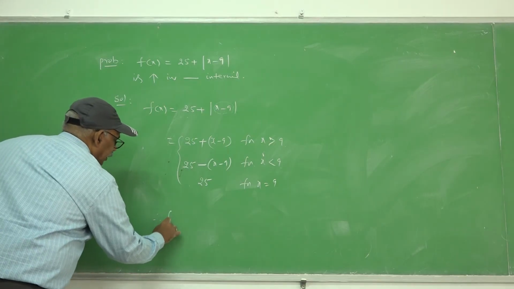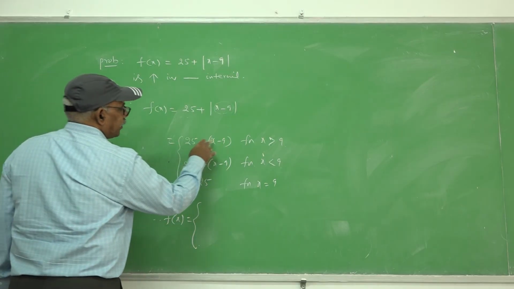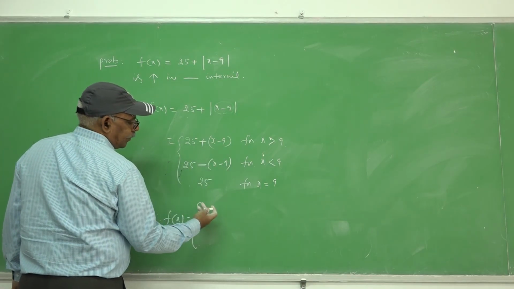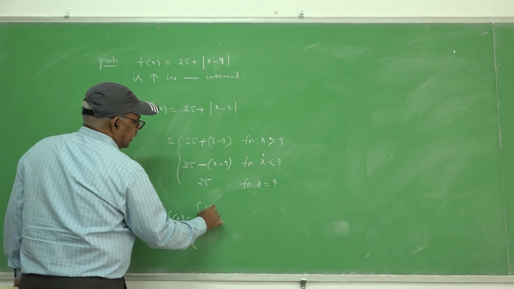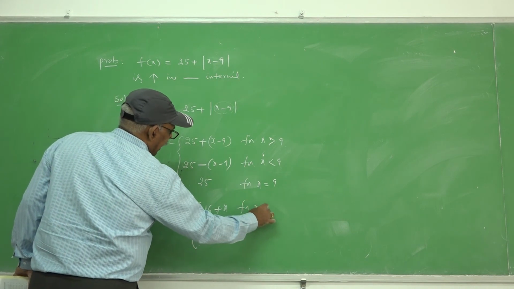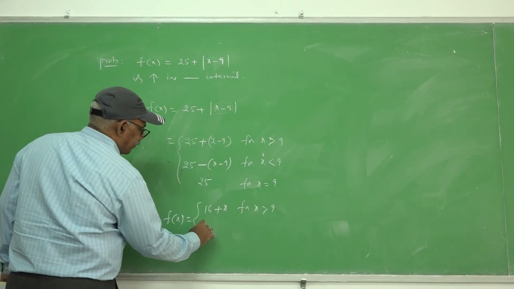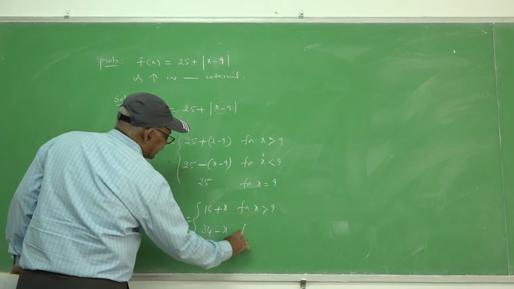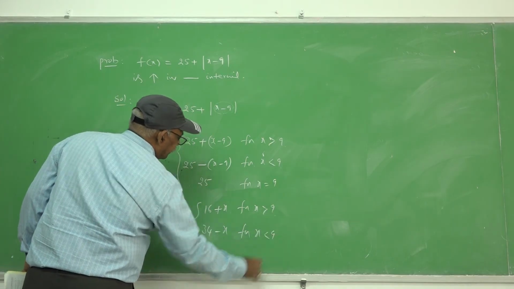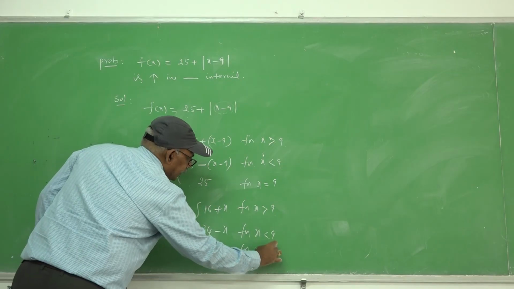So, therefore, the given function is nothing but 25 minus 9, which gives us 16 plus x, for x greater than 9. And this is 25 plus 9, that is 34 minus x, for x less than 9, and this is constant 25 for x equal to 9.